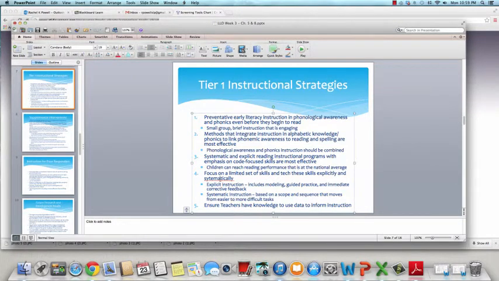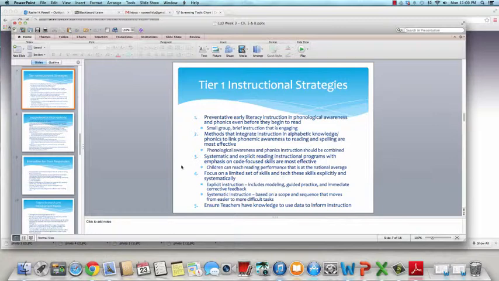So the phonological awareness and phonics should be combined, and integrated into the context for better carryover and faster mapping of those words into sight words.